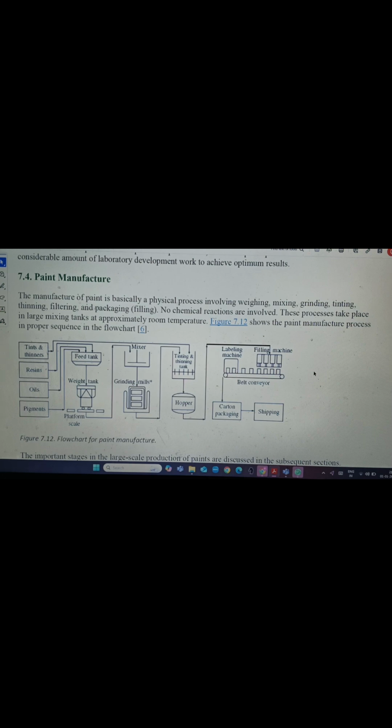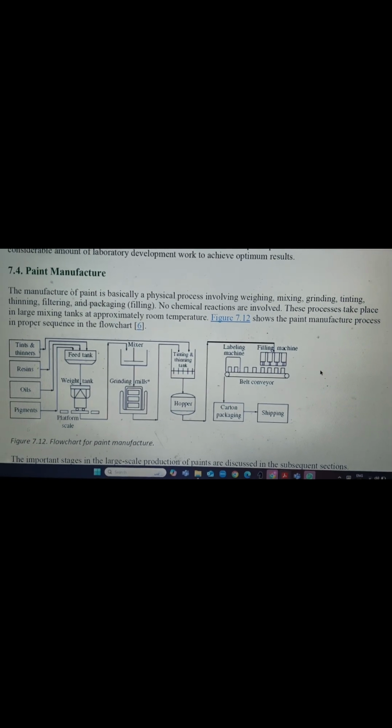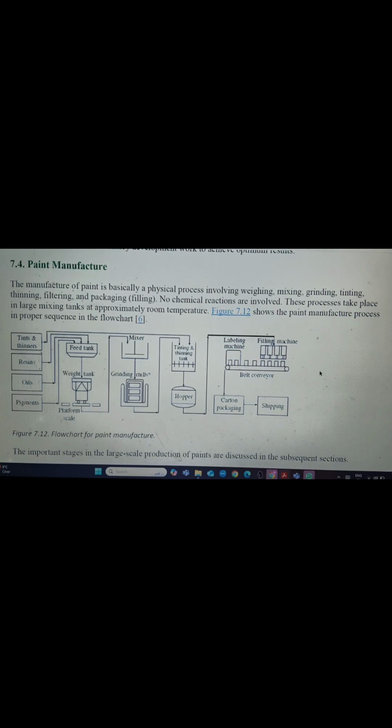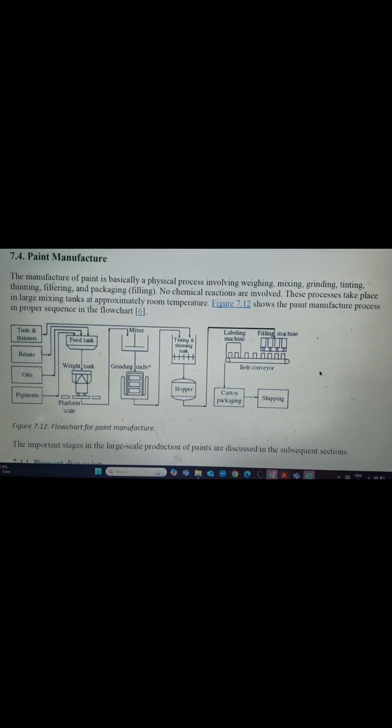You can see the flow chart on the screen that shows tints and thinners, resins, oils and pigments are fed by the feed tank and then go to a weight tank where a platform scale is used for weighing.